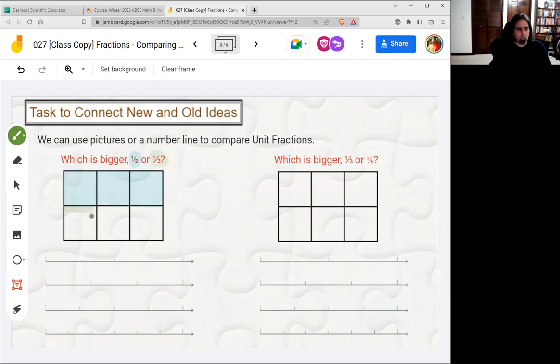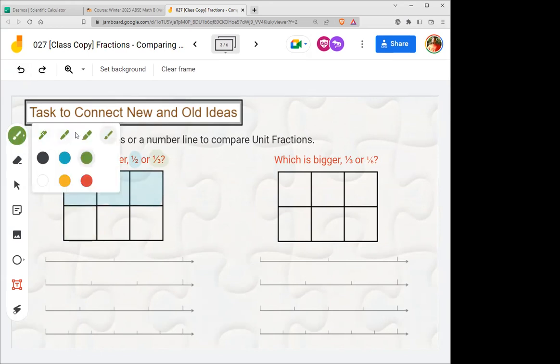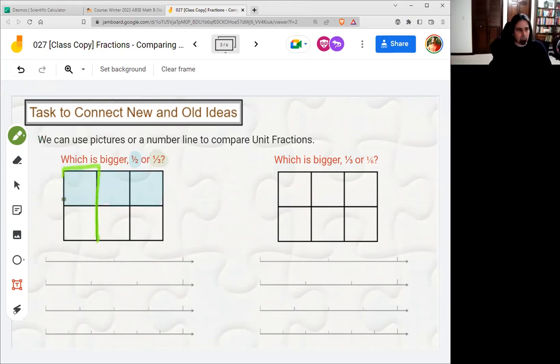If I just shade one thing, that's just 1 out of 6, not 1 out of 3. Oh, what I have 3 of are these columns, right? So that's my third.